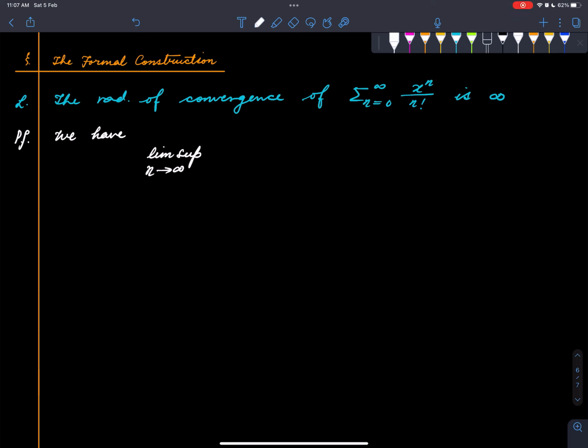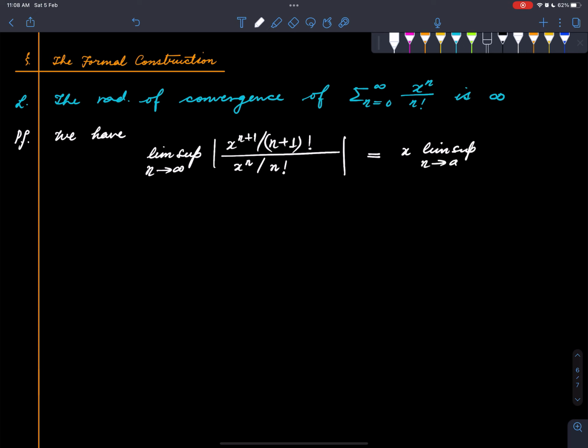So this lim sup I have to calculate: x, the n plus 1th term, and the nth term, which is, if you just do some algebra, equal to that, which is equal to 0 in fact.